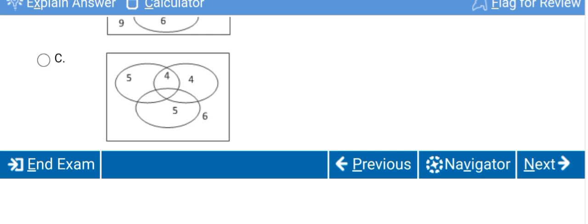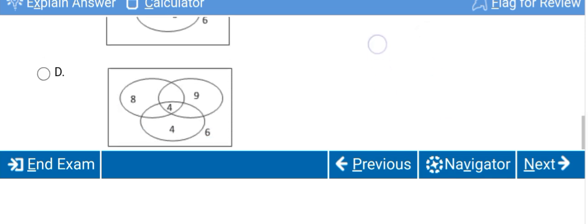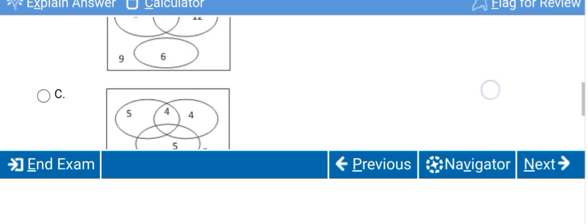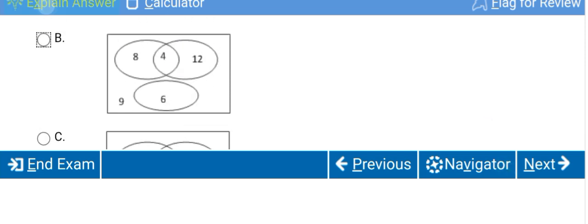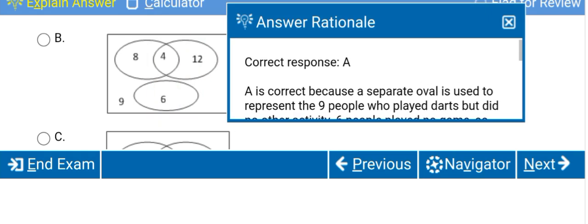And then we have option D, which represents this diagram. So let's see which one of the options is the correct option, which diagram represents the suitable diagram.